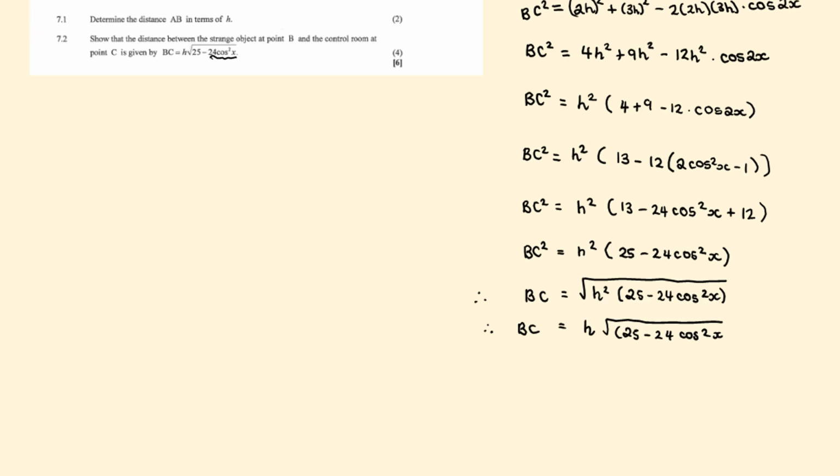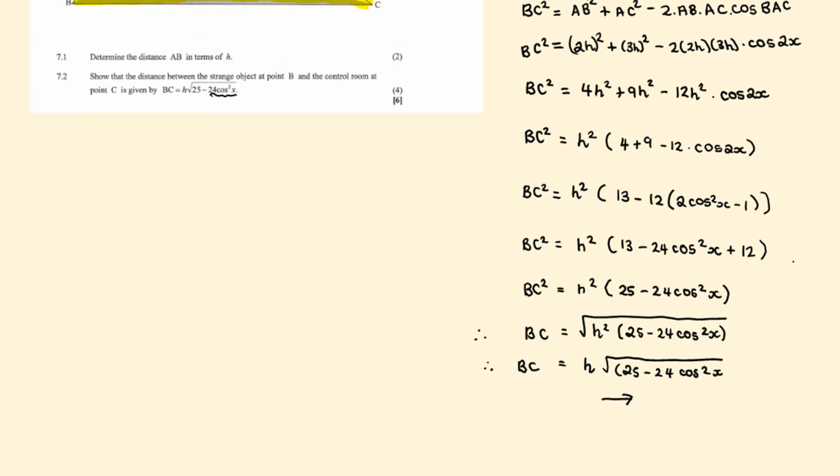Then BC squared is going to be equals to H squared into 25 minus 24 times cos squared x. Then taking the square root of both sides, you'll just end up with BC is equals to H times the root of 25 minus 24 times cos squared x.